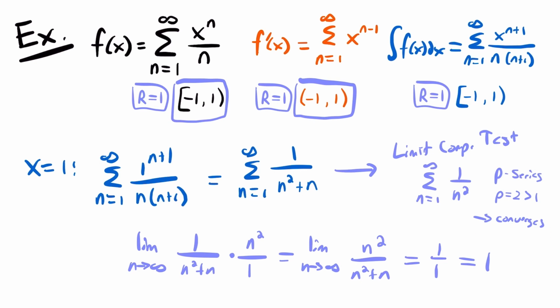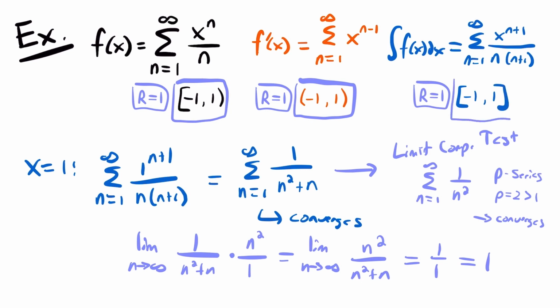All right, so since this series converges, we now know that when x equals 1, this power series, the integral of our original series, will include positive 1 in its interval of convergence. And so I will remove that open bracket and make it closed.